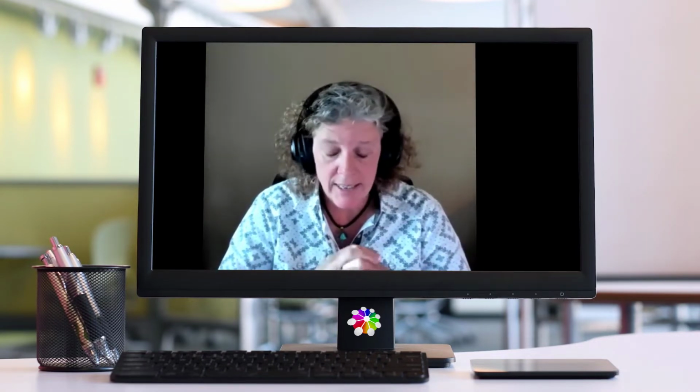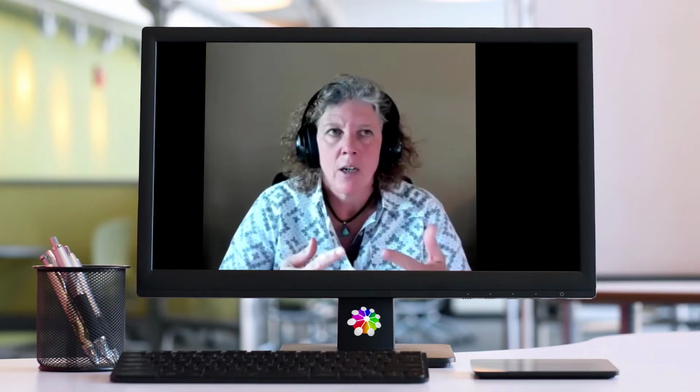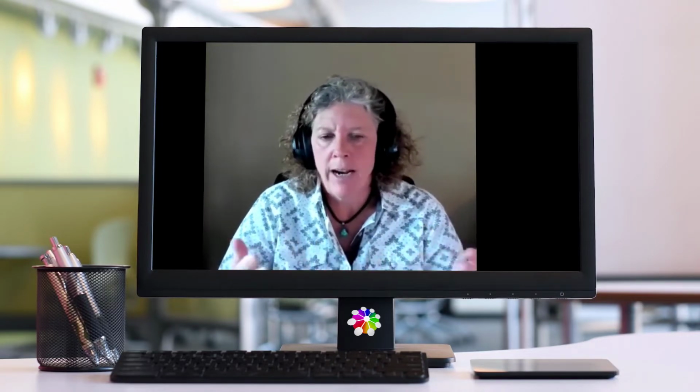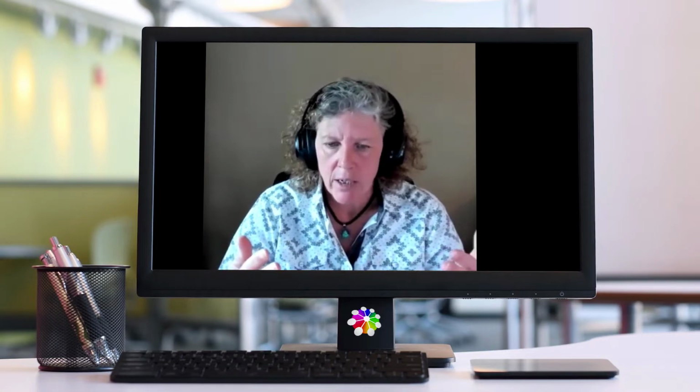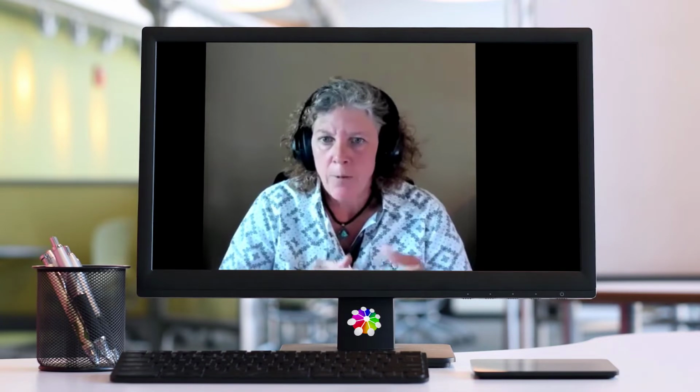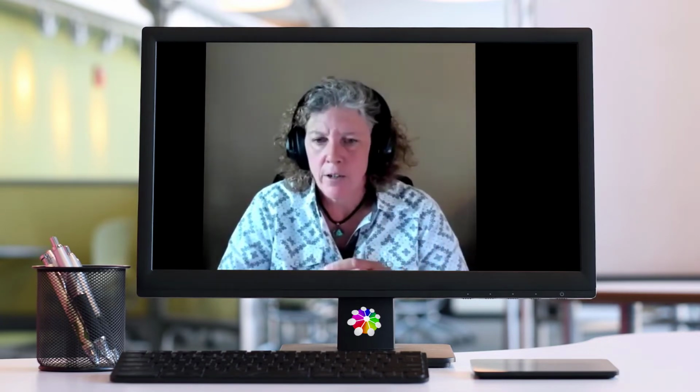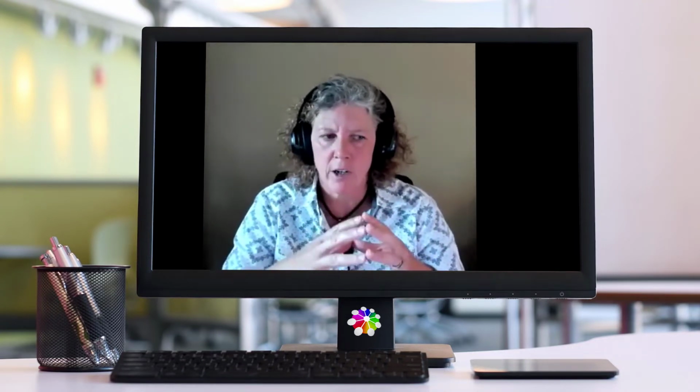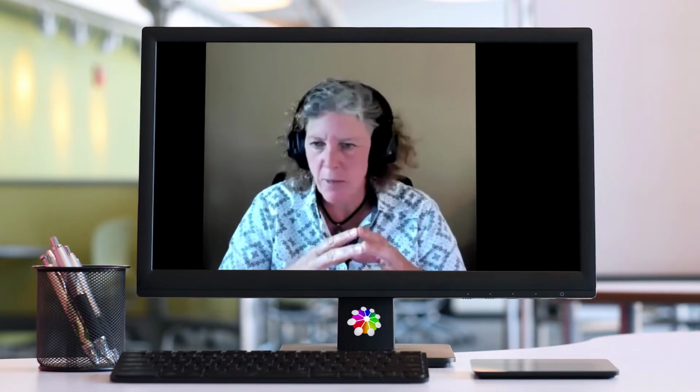So optokinetic stimulation is essentially what happens when we're tracking an object in a large visual field, where if we think about the vestibular ocular reflex, I'll have my eyes on a target and I'm rotating my head around that target.